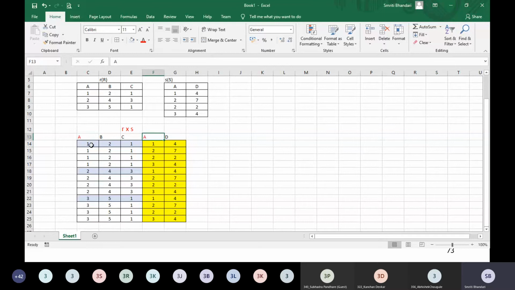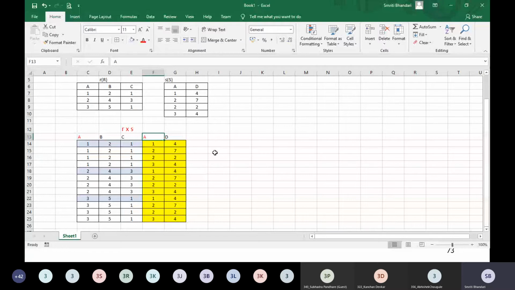Right? So whenever we are having the matching values for the common attributes, only those tuples are actually the relevant tuples. And if in a single tuple, for the common attribute, I am having different values, then these tuples are not relevant.